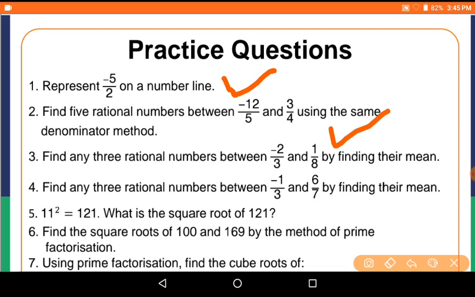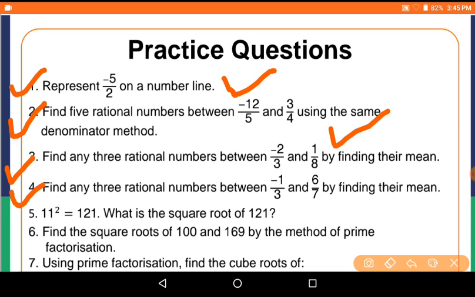Third, find any 3 rational numbers between minus 2 by 3 and 1 by 8 by finding their mean. And fourth, find any 3 rational numbers between minus 1 by 3 and 6 by 7 by finding their mean. That means you have to solve these 4 questions today.